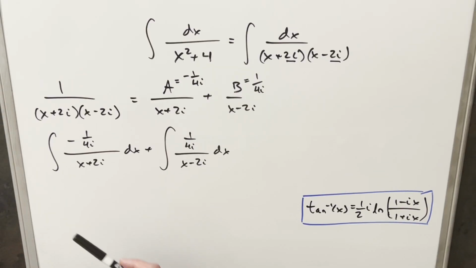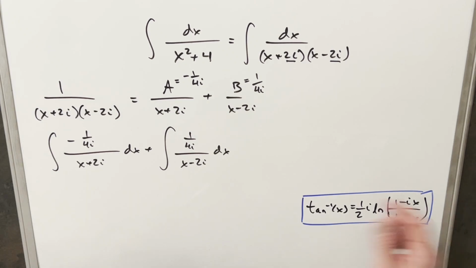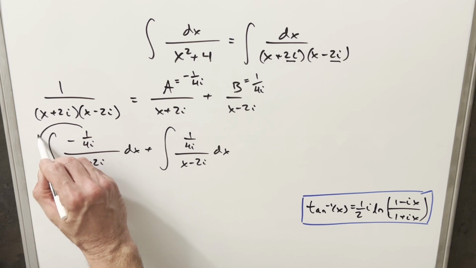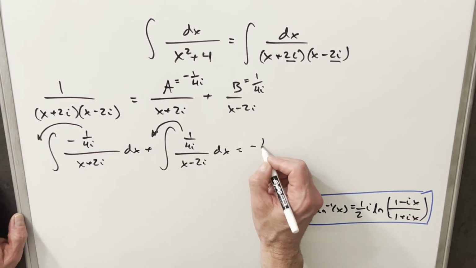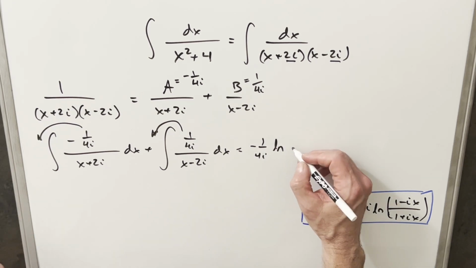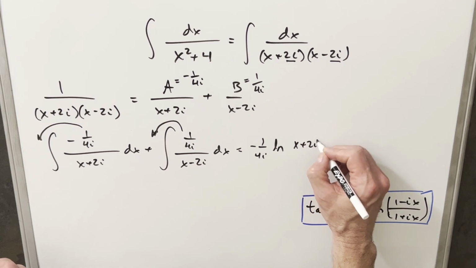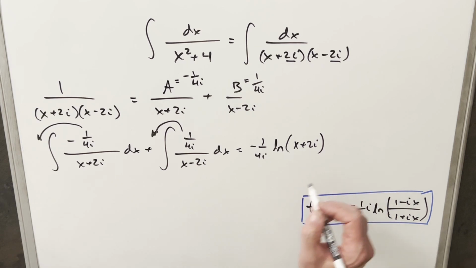Okay, so continuing on from here, we're not too worried that we've got complex numbers in here. We're just going to treat it like we always do. We can still bring these constant values out front of the integral. So then let's start with this one. When I integrate, integral of dx over x plus 2i, that's just going to give me natural log x plus 2i. I'm going to drop the absolute value because we have a complex expression, so the absolute value doesn't mean anything there.